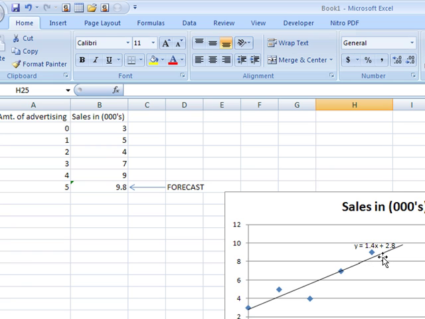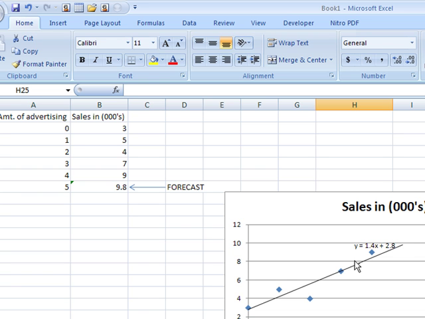And just to review that, what this basically means is if we do not advertise at all, then we can expect sales of 2.8. If we advertise one time, then sales would be 1.4 times 1 plus 2.8. That would be our forecast based on this linear equation.